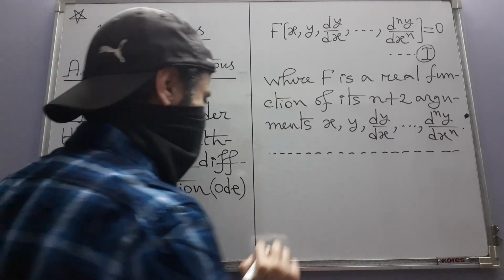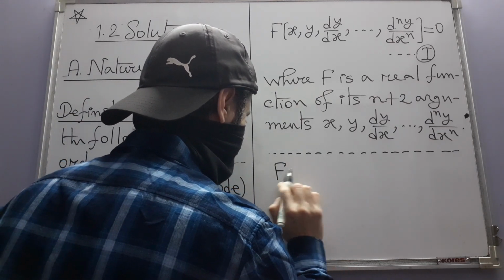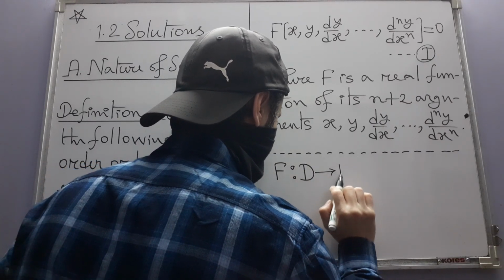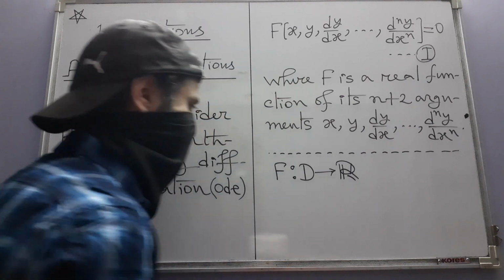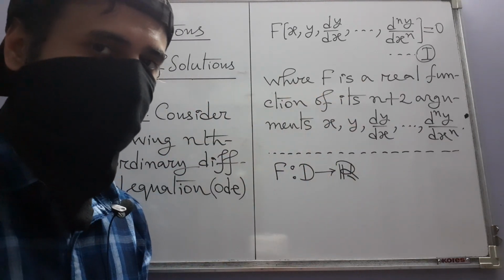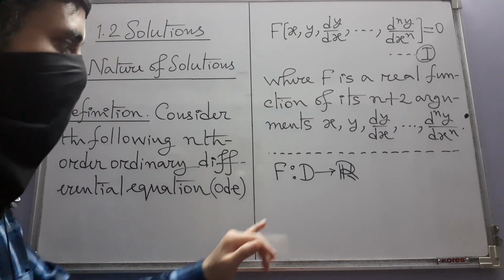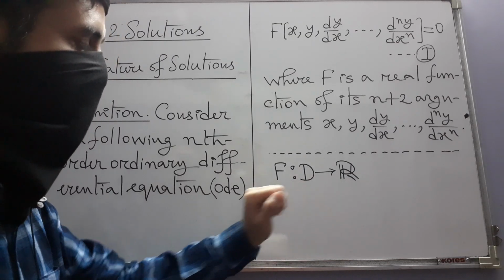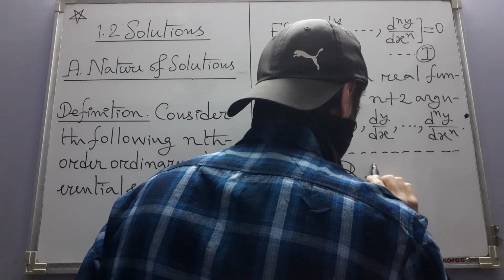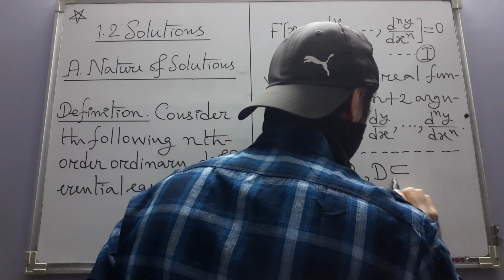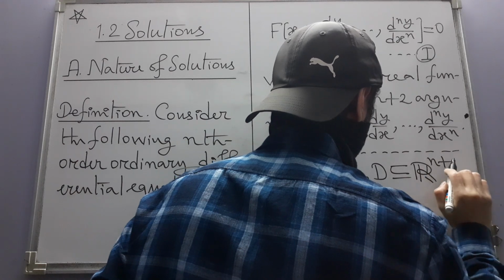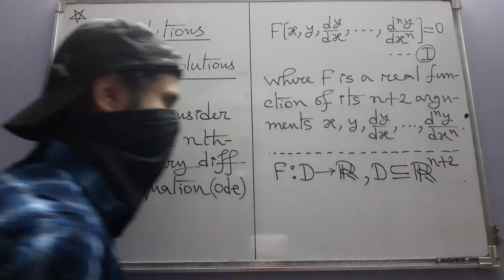What is f? f is actually a function which looks like this. It's a real function means what? It's a real valued function. The outputs are real and the inputs are coming from some set D, and that D is a subset of the Euclidean space R^(n+2).